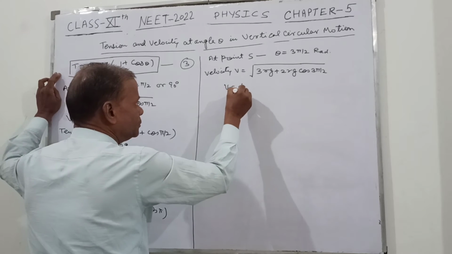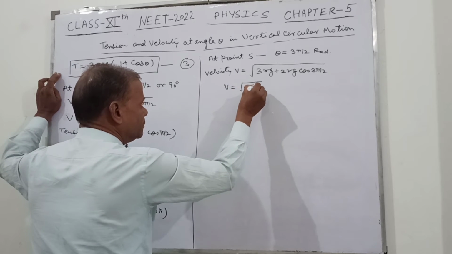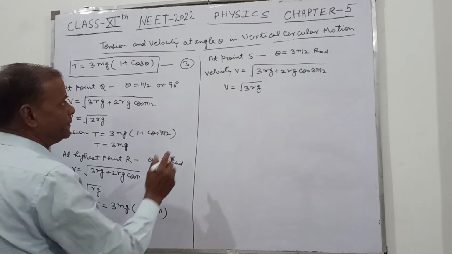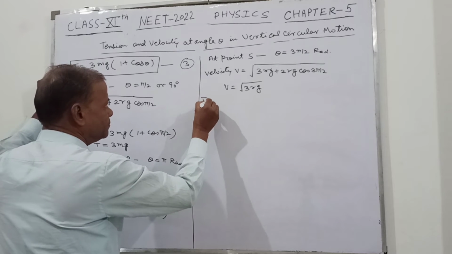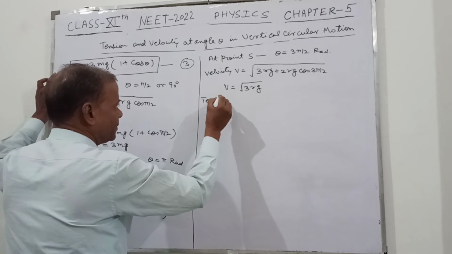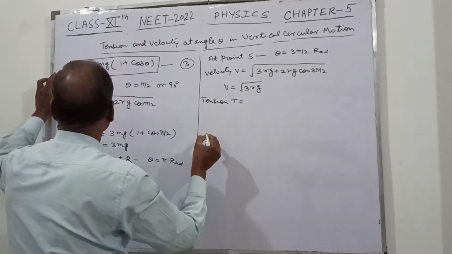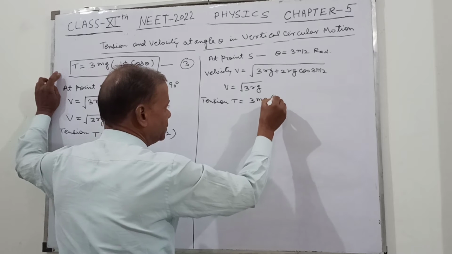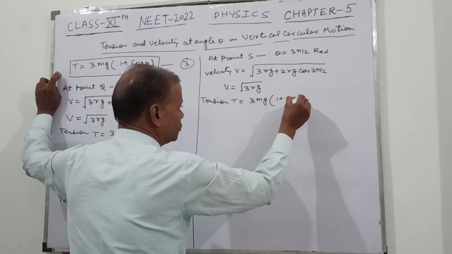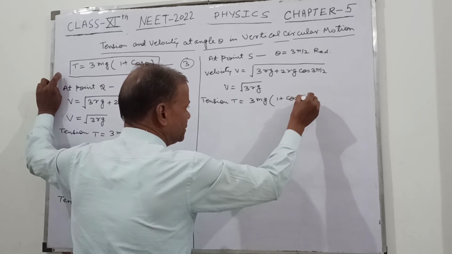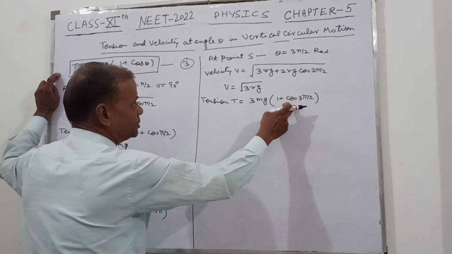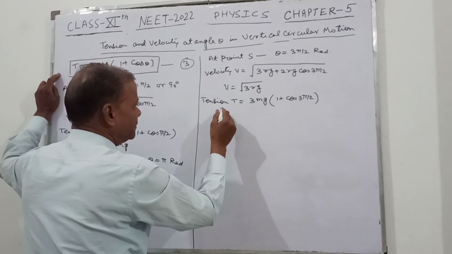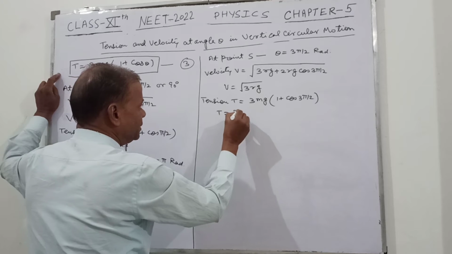So V equal to square root of 3 Rg. Now tension, this T is equal to 3 mg into 1 plus cos 3 pi by 2. So this is again equal to 0. So you are having T equal to 3 mg.